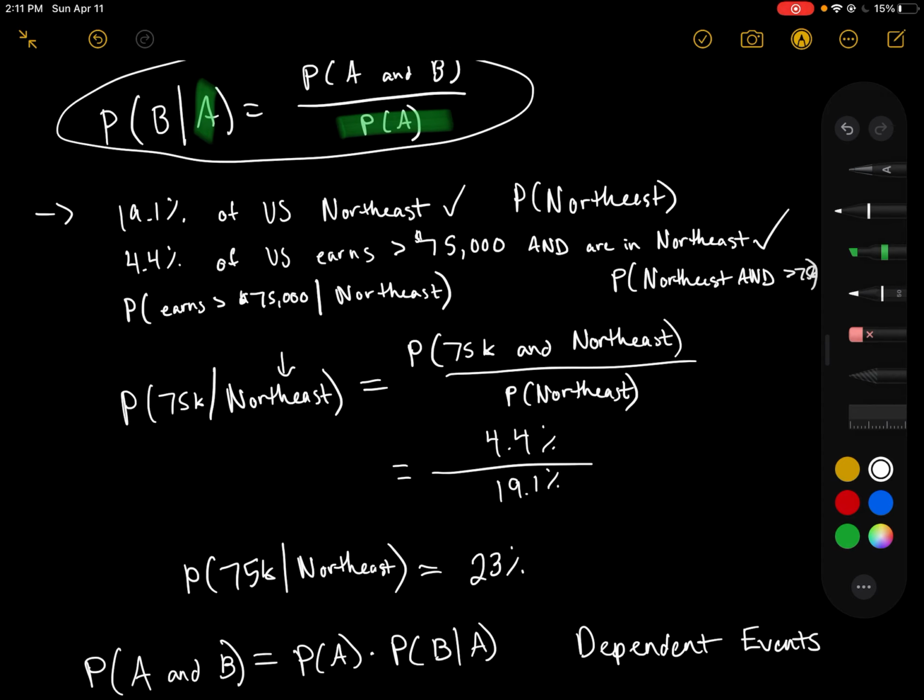That means basically that the probability of B is changed because A already happened.